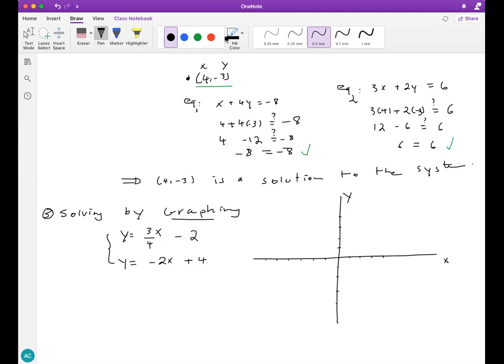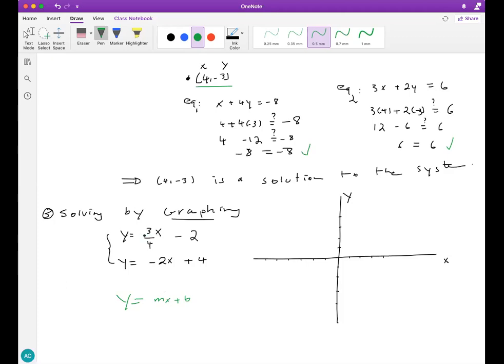As we saw last time, we want to graph this equation, which happens to be in the form of y equals mx plus b.